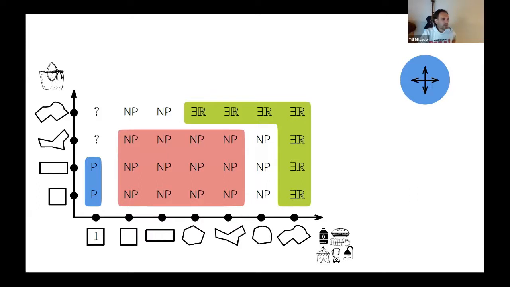We believe that for ETR completeness, you may need both convex and concave constraints. For NP-hardness, concave constraints are enough. But we have some intuition that maybe concave constraints alone are not enough. Thank you for the question.